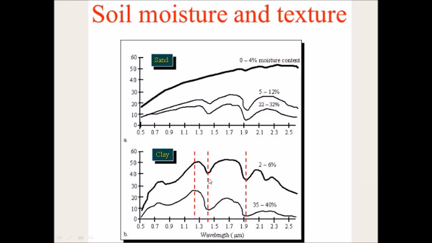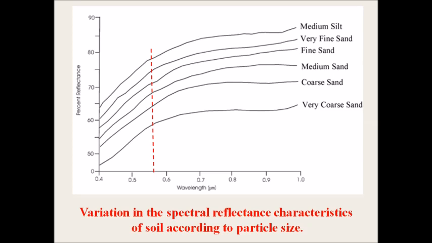Again, they have this sudden drop in the reflection at 1.4 and 1.9 micrometers. But the pattern of both of them remains the same. The signatures may be, here the reflectance is say 15%, here the reflectance is 50%, but the overall pattern remains the same. So these patterns are helpful in identifying the type of object or type of material.